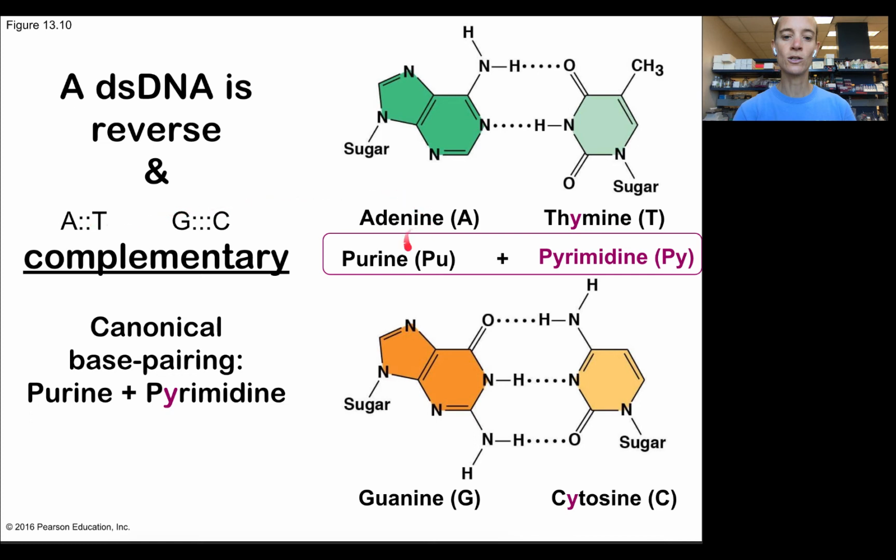When you look at the chemical structure of these nitrogenous bases, what you can see is that adenine and guanine are called purines, and they have 2 cycles, so they're pretty big, while thymine, cytosine, and uracil in the case of RNA are pyrimidines, and these have only 1 cycle.